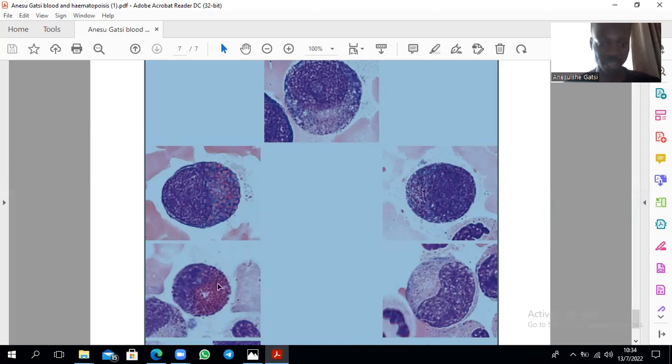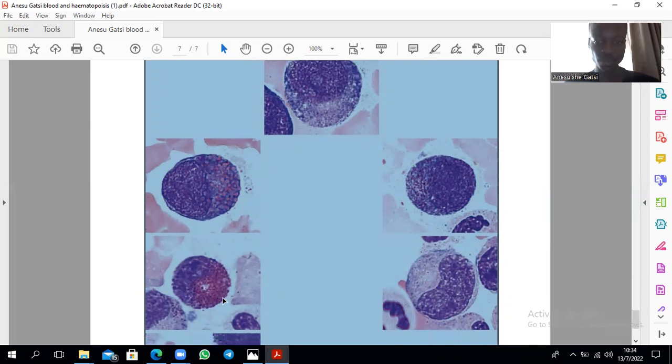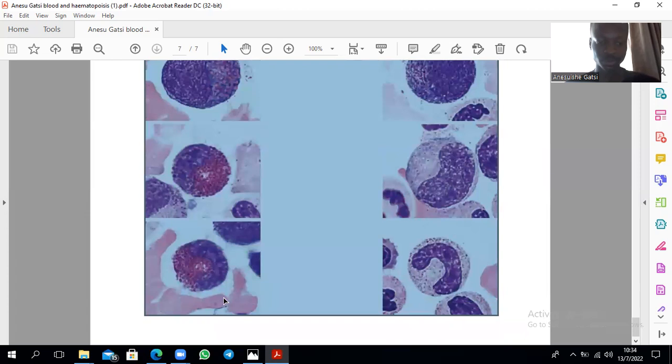But you now have a characteristic eosinophilic appearance of these granules. Right. Then these are now going to be the immature cells, the band cells that can be produced.